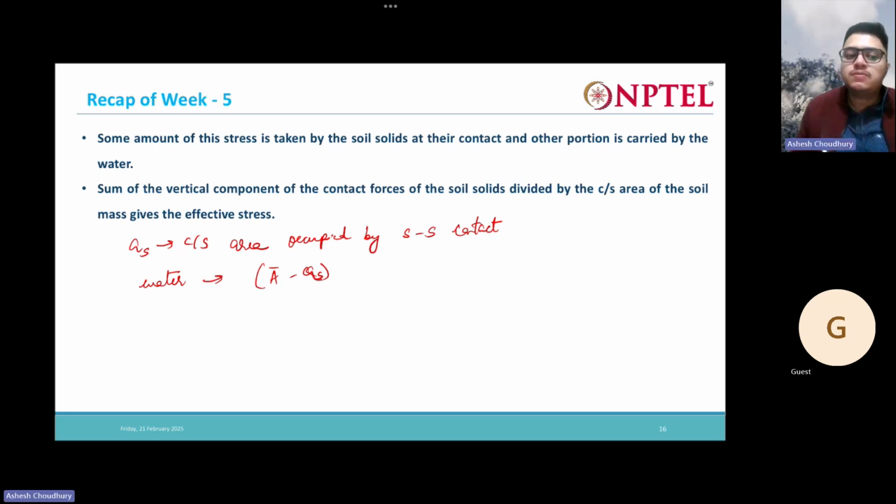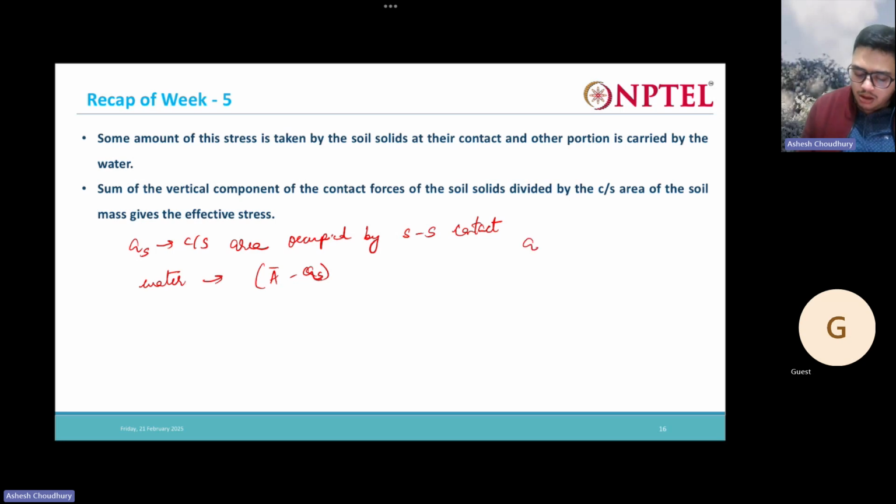So if small as is the contact area occupied by the solid to solid contact, then the water occupies the area capital A bar minus AS, the cross-sectional area minus AS, right?